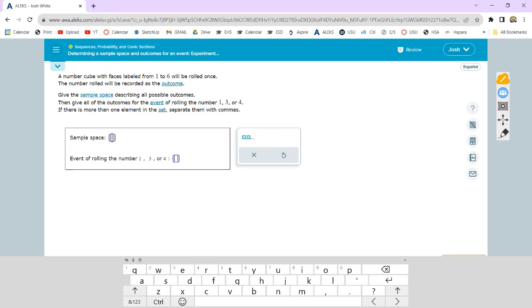Yeah. Cards and dice are evil. And so because of that, in probability class, we no longer roll dice because dice are evil. Dice are gambling. We roll number cubes. I know, it's frustrating.